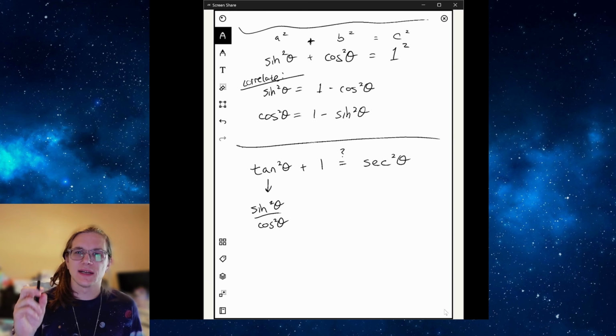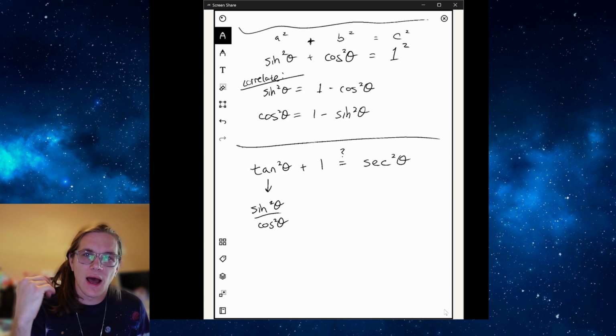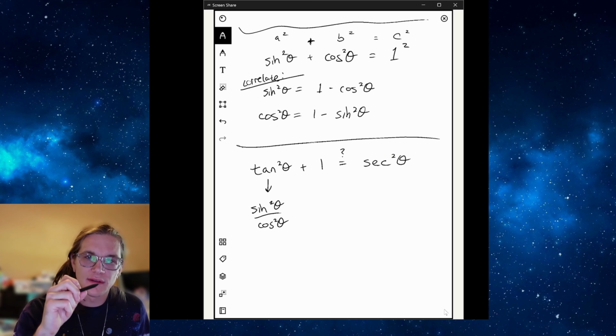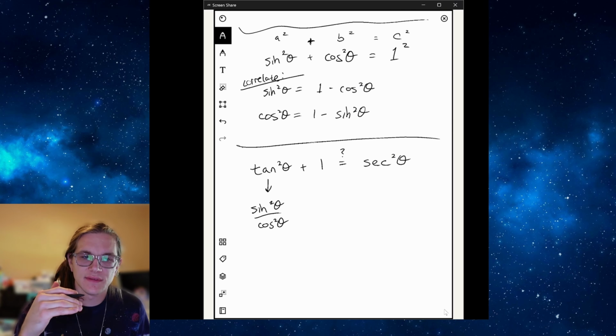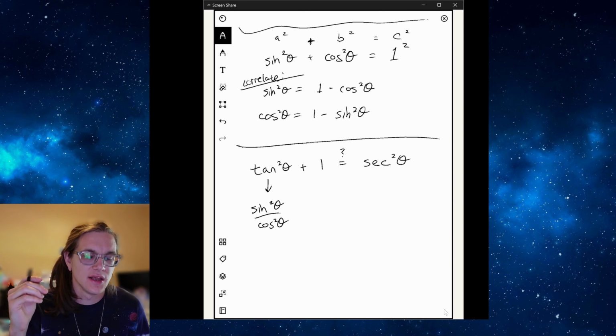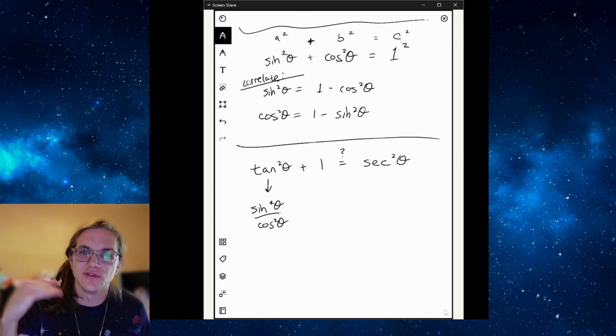A real quick aside is that I understand that when I say I'm going to show this, I'll just write the reciprocal identity, or the identity of tan squared being sine squared over cosine squared. You might think, well, if I was doing this, why would I think to just do that?